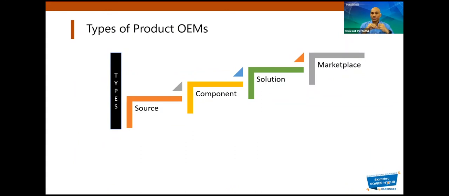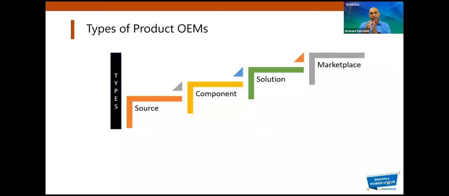What we call the first is the source, where you are actually licensing your source code to somebody, and that's embedded within some software. The next level is a component, where you're wrapping your solution or your idea in a component, and that's being licensed into a software or a platform.